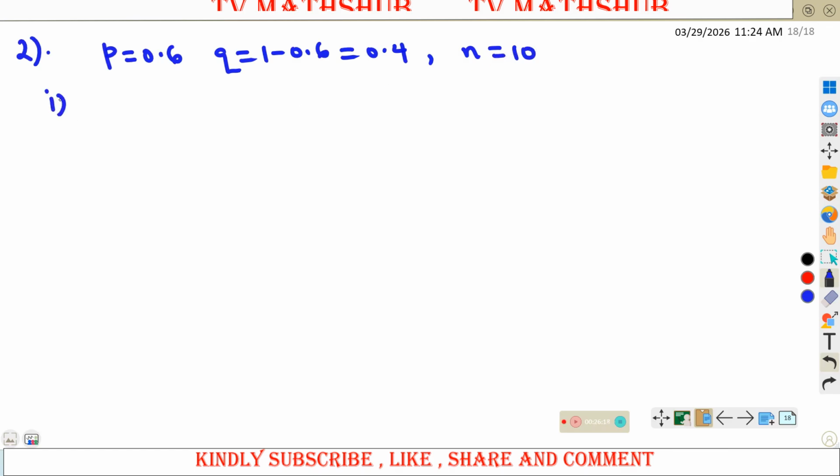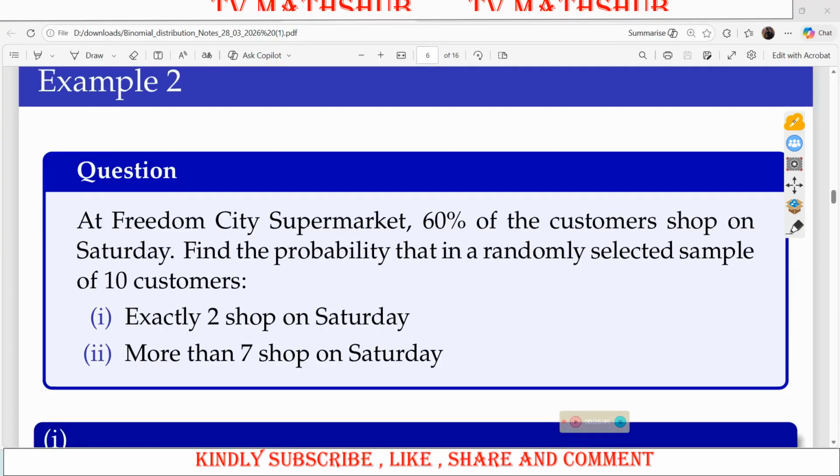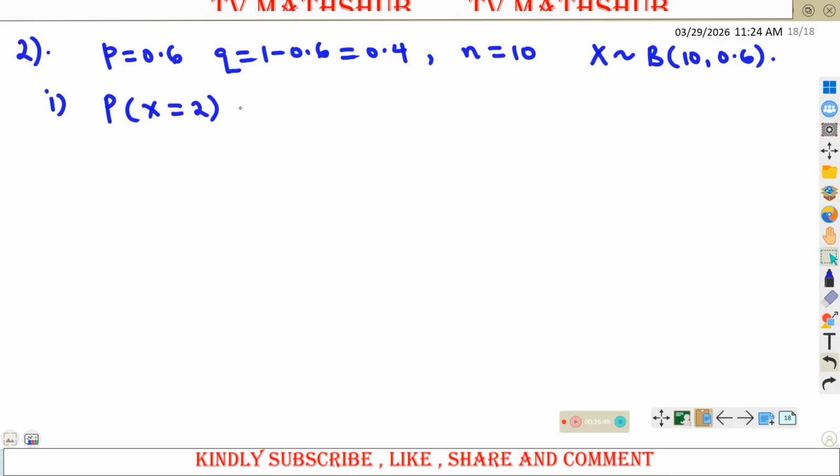So part 1, what do we need? We need to get the probability. So here X follows a binomial distribution with N equal to 10 and P equal to 0.6. We need the probability of X equaling exactly 2 who shop on Saturday.